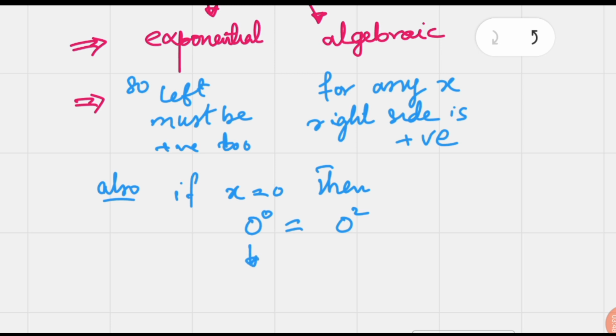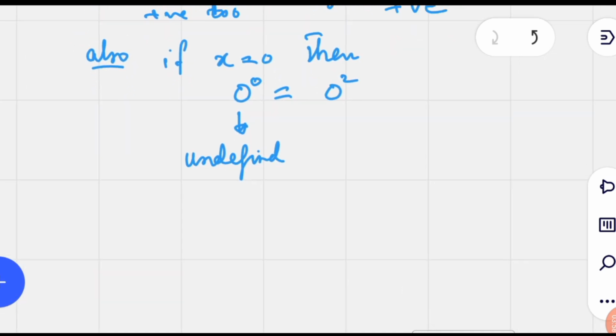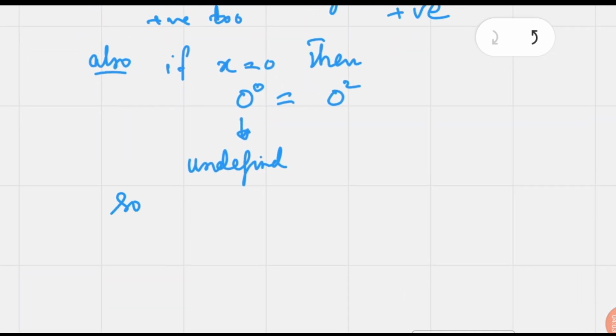So overall, we have two restrictions on the solution: the solution is only for positive values of x, and x is never 0. Thus, we will solve the above equation for positive values of x, restricting x to not be equal to 0.